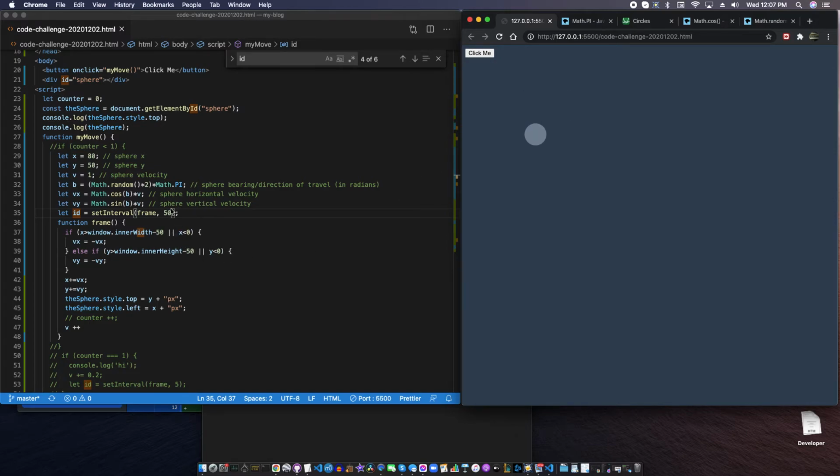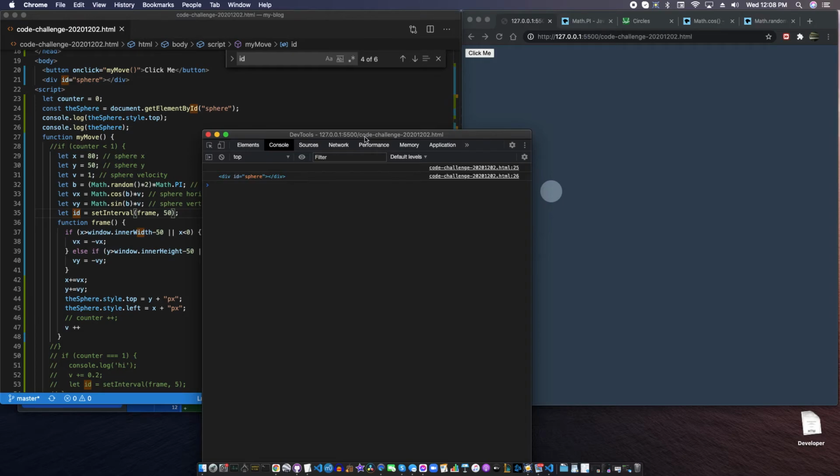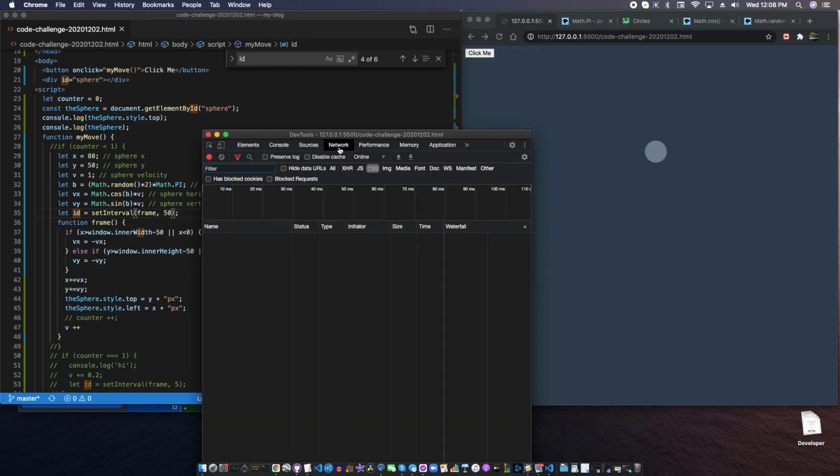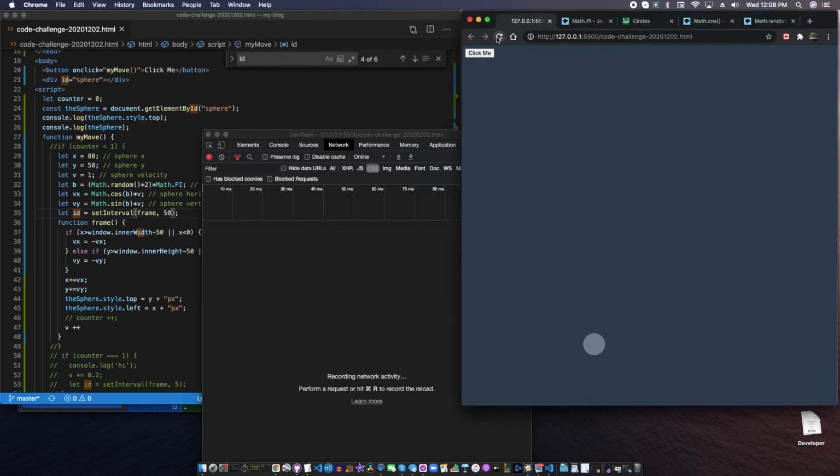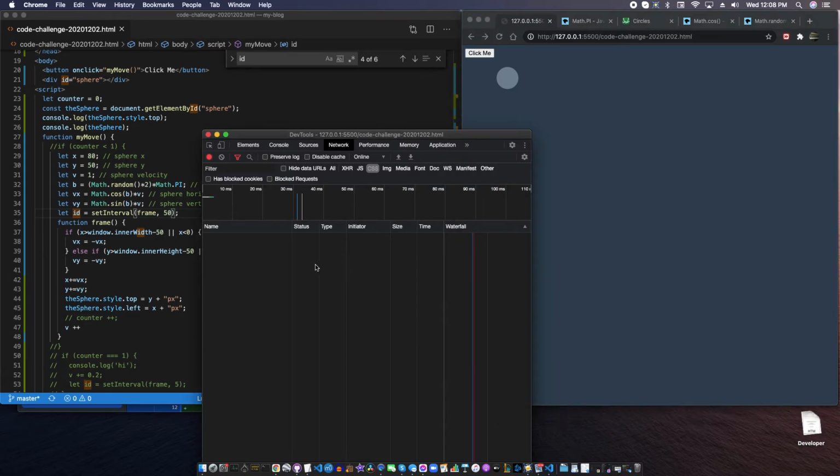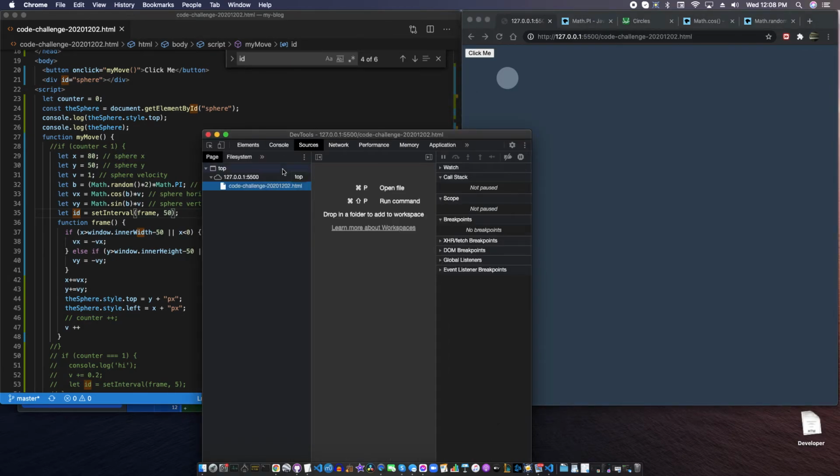Well, I don't like that flickering. How is that affecting my... there's a task manager in here, perform memory. Oh, not. That's not what I want.